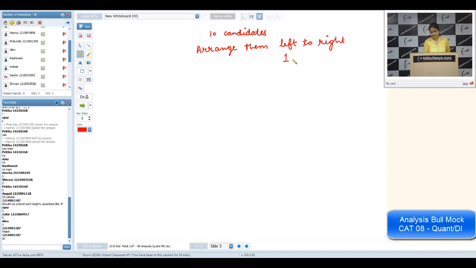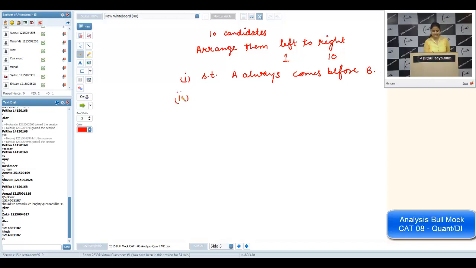Extreme left will get 1 and extreme right will get 10 number. Arrange 10 left to right such that, suppose there is Mr. A and Mr. B. A always comes before B. That is my first part.